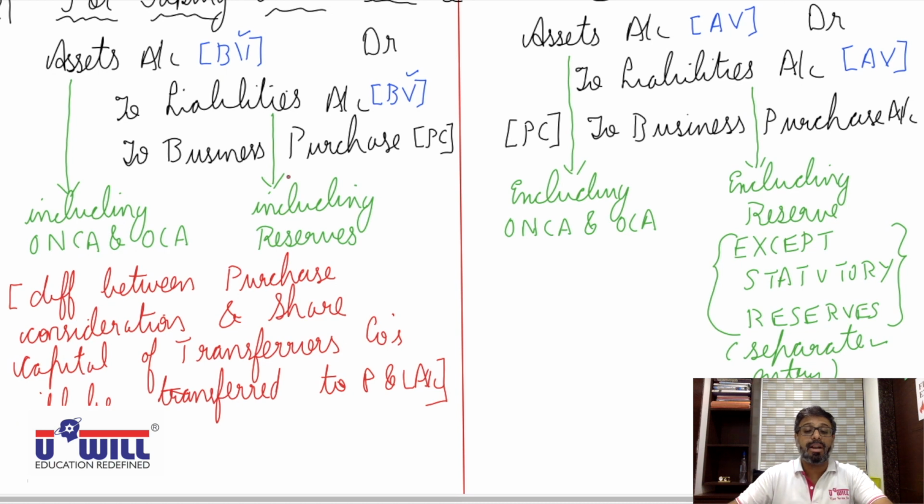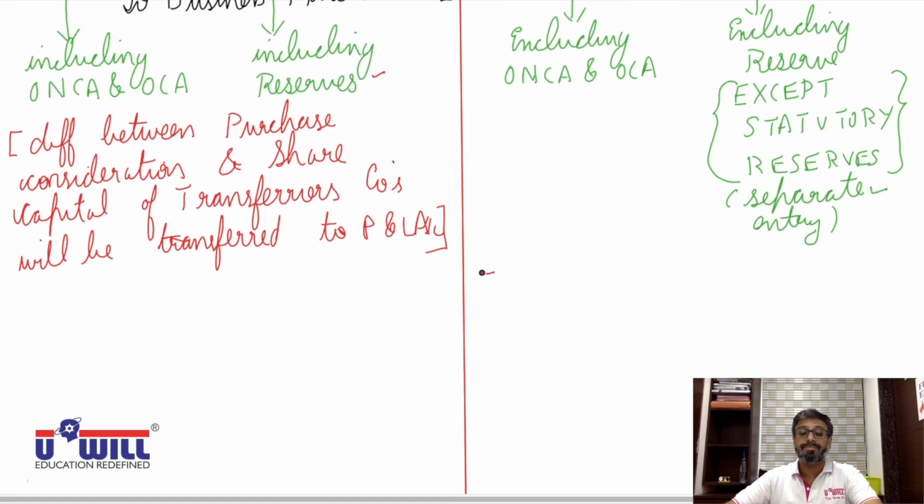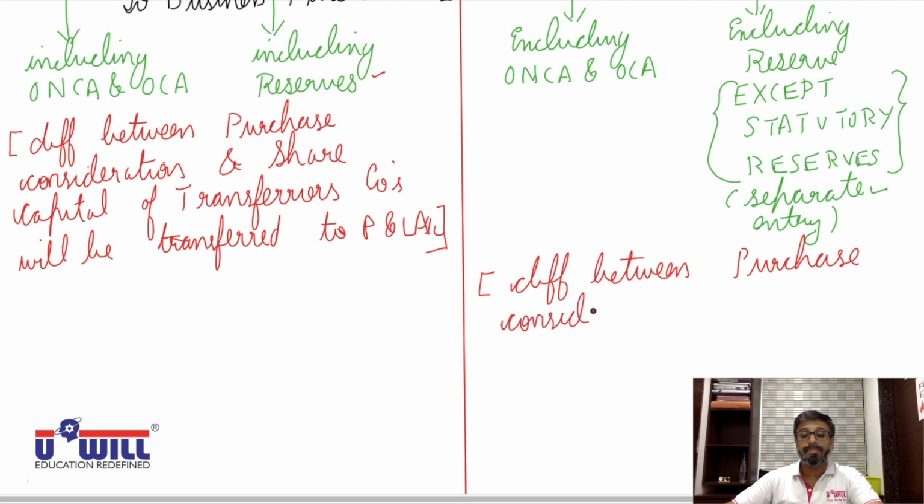Okay. If reserves are already there, we'll try to adjust with reserves, or else any loss, purchase consideration and share capital's difference. If you are paying more, any loss you will debit to P&L account, any profit you will credit to P&L account. Whereas here we will find difference between purchase consideration and net assets.